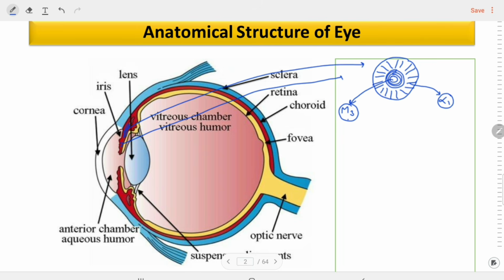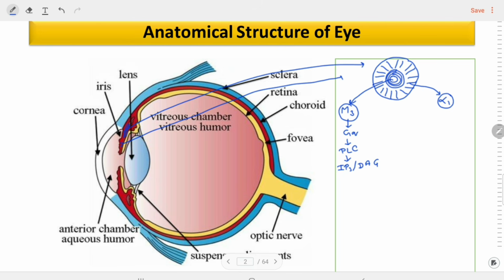We know GPCRs are activated through G subunits. The M3 receptor is activated through the Gq subunit, which causes the activation of the phospholipase C enzyme, which leads to the activation of the IP3 DAG pathway.